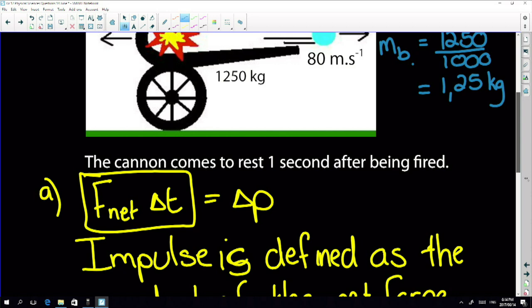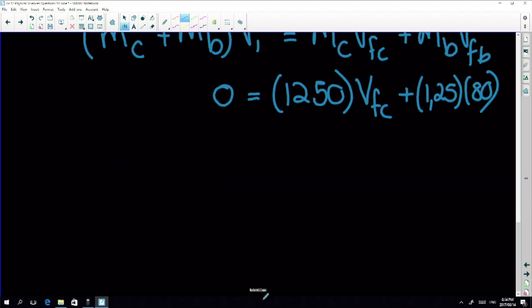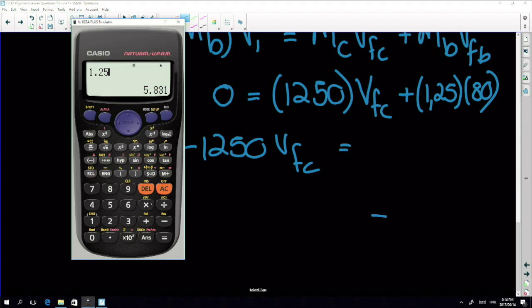So let's go here and we go fine. This is 1,25 times 80. What I've actually done by default here without actually working it out is I've said that the ball's motion is my positive motion. Okay, so I'm going to put minus 1,250 times the velocity of the cannon here, times 80, which gives me 100.